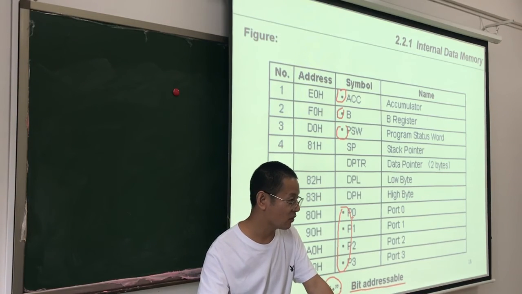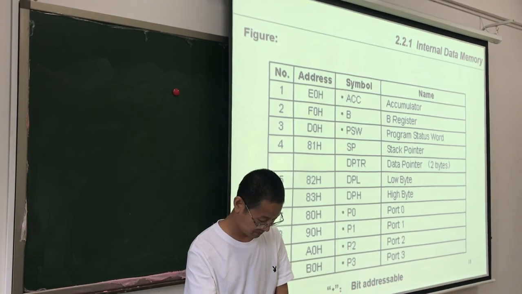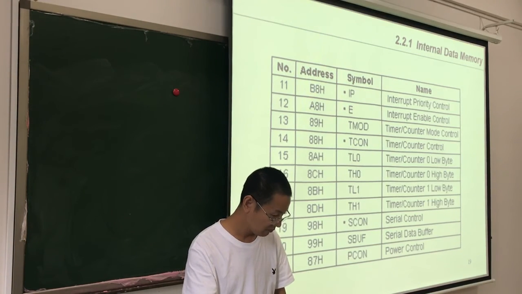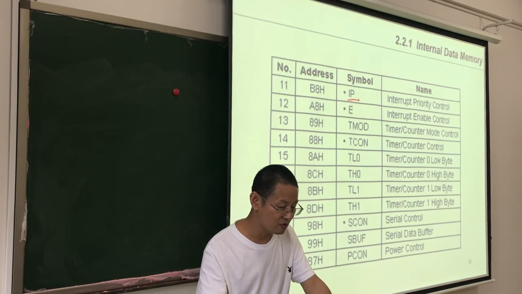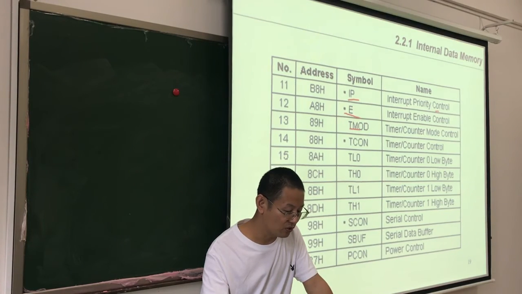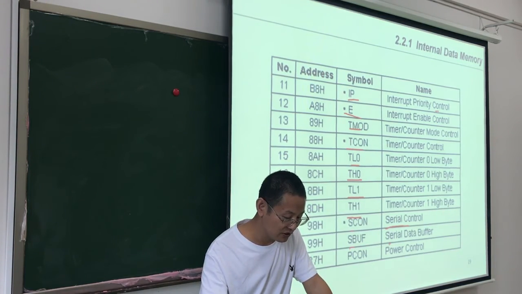Then there are IP, interrupt priority control, IE, interrupt enable, TMOD, TCON, TL0, TH0, TL1, TH1, SCON, serial control, SBUF, serial data buffer, and PCON, power control.